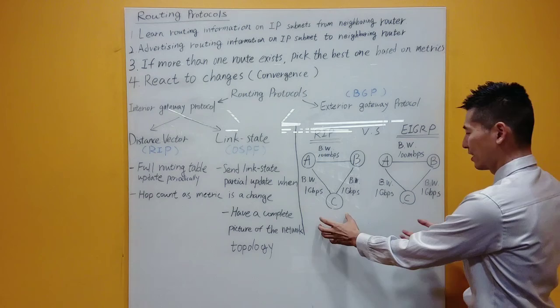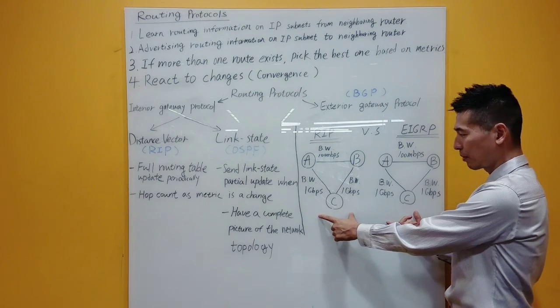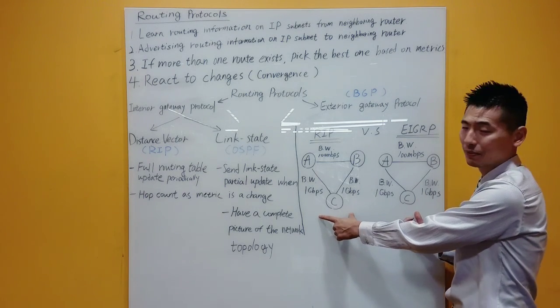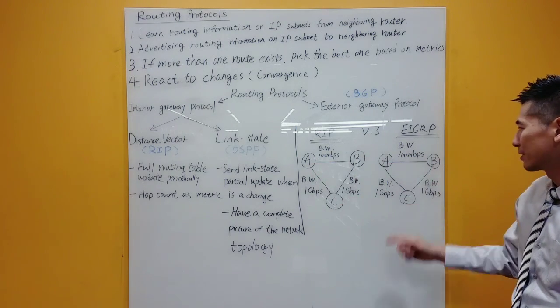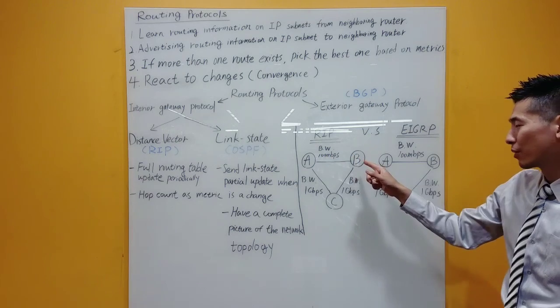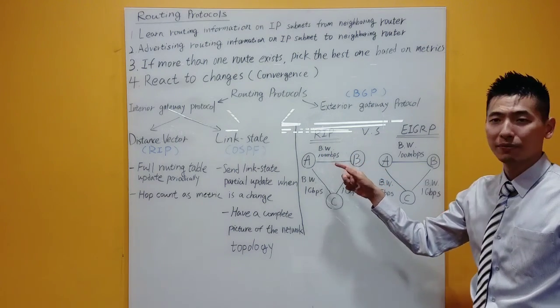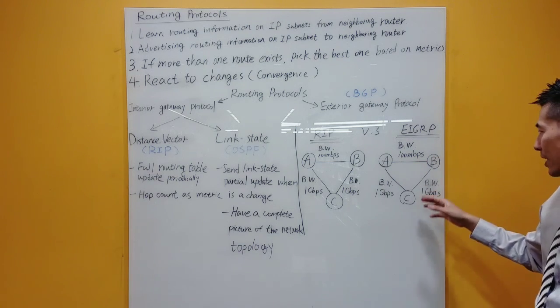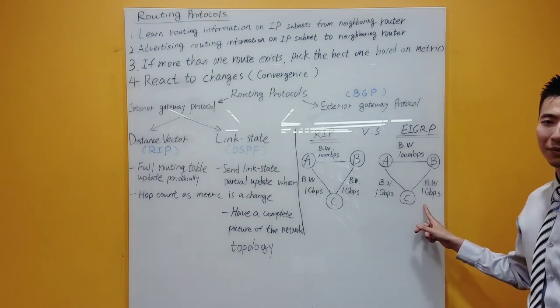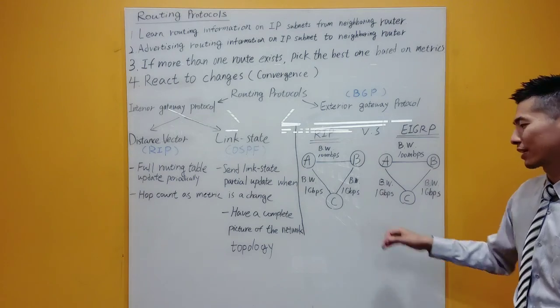So over here, I want to talk about the difference between the RIP routing protocol and EIGRP. We have 2 topologies that are exactly the same. Here are routers A, B, C, and A, B, C. The bandwidth from A to B is 100 megabits per second, same as here. B to C is 1 gigabit per second, and C to A is 1 gigabit.